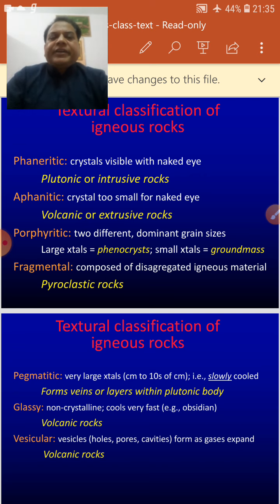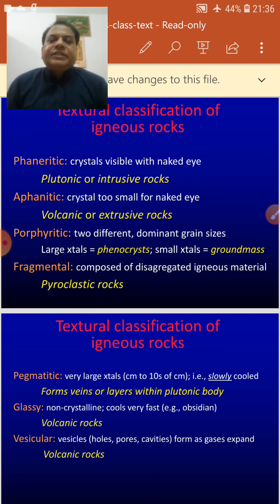Those rocks have the phaneritic texture. The plutonic rocks, granite, granodiorite, syenite, diorite, gabbro, nepheline syenite, all such rocks have the phaneritic texture.